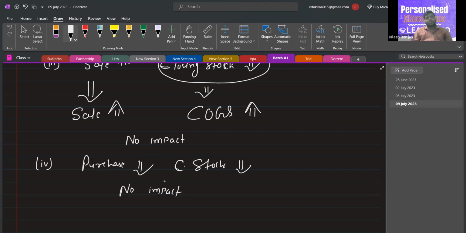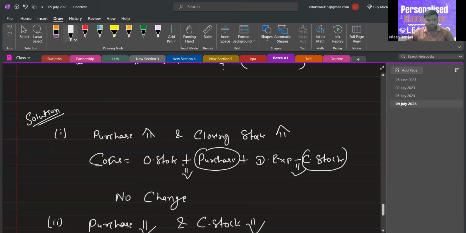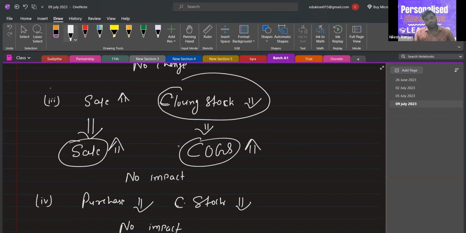Now, in all the transactions, the effect is only on purchase and closing stock. Only in the third transaction, you can see the impact is on sale and then cost of goods sold.